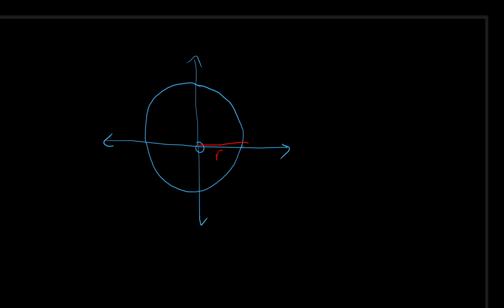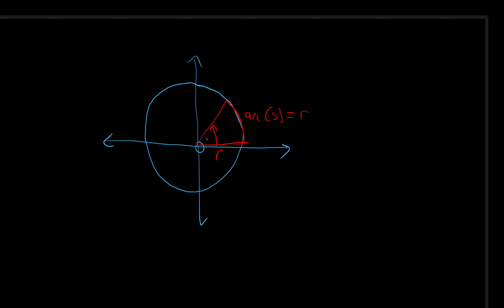If you move along the circle, and the length of this arc, and the symbol we use for the arc is s, is exactly the same length as the radius, so this is also equal to r, and you connect that arc to the midpoint of the circle, this angle here will be exactly 1 radian.